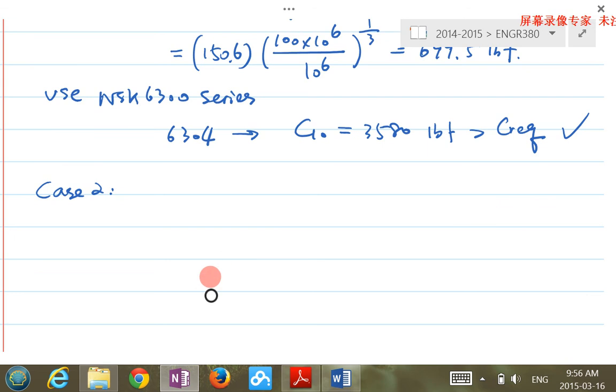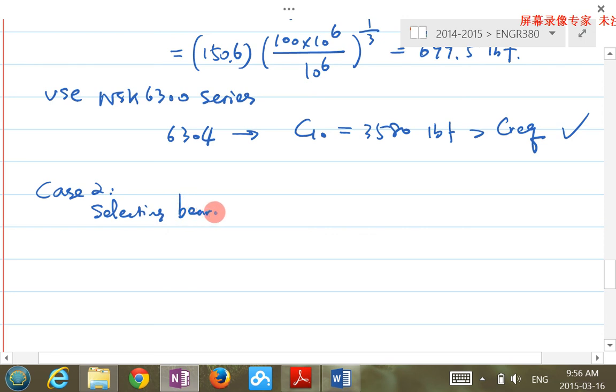Okay, so for selecting a bearing for combined loading. Combined loading meaning you have axial load, or thrust load, and radial load.